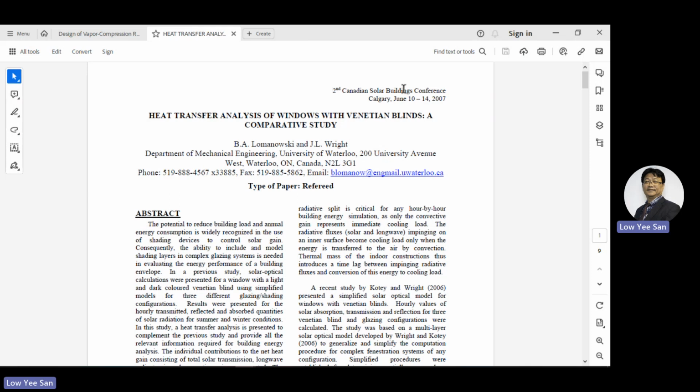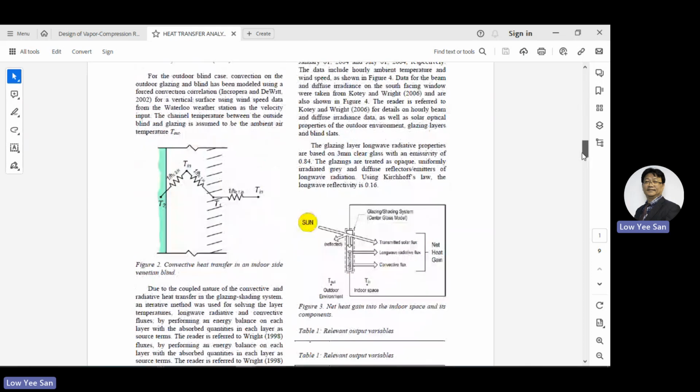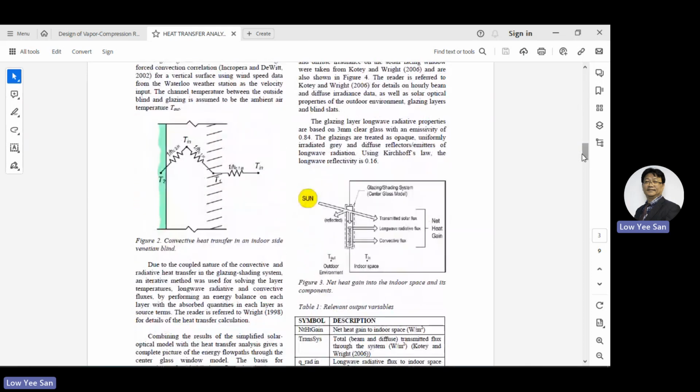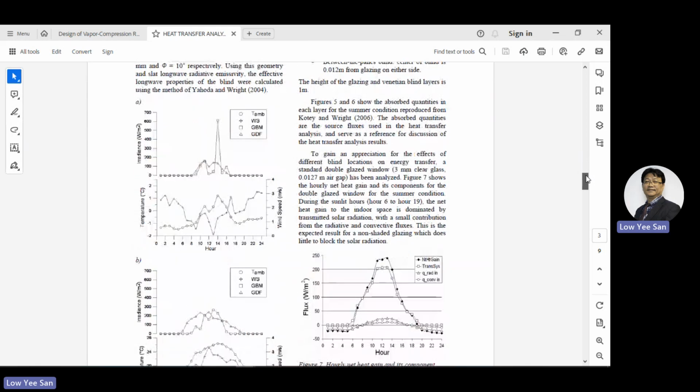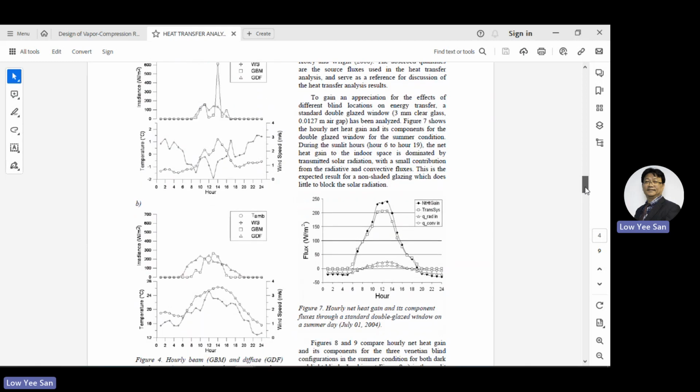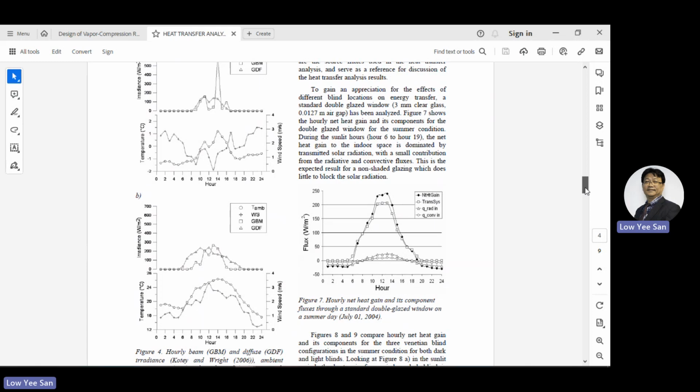Some researchers have done a lot of measurement. If you want, you can go through and see how they analyze it compared with the theoretical model and the experimental result. There are a lot of results, and you can make use of the results here.